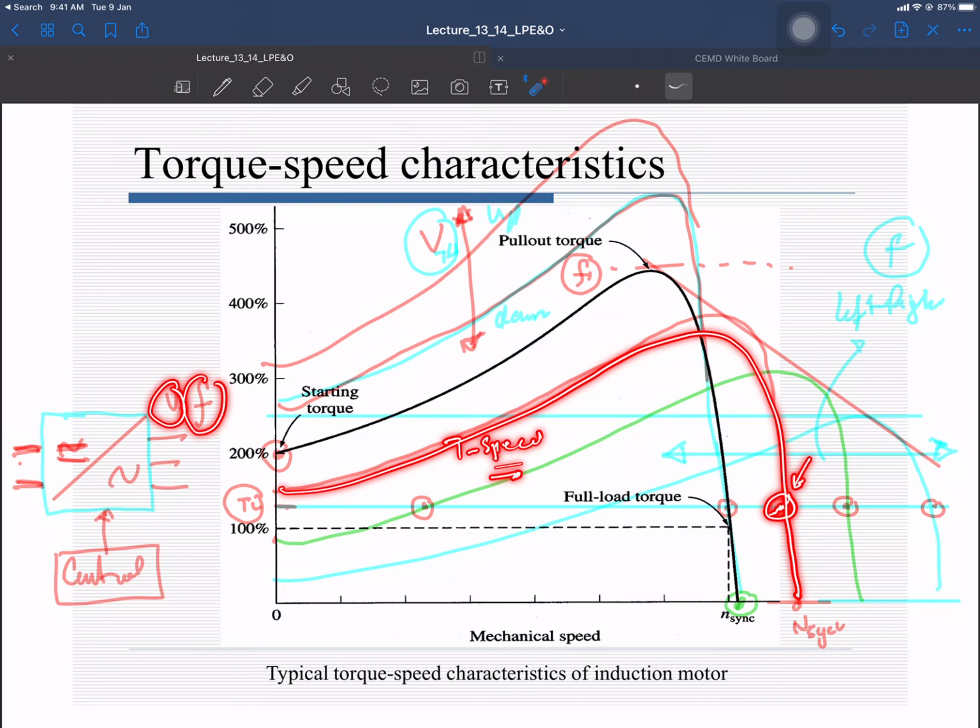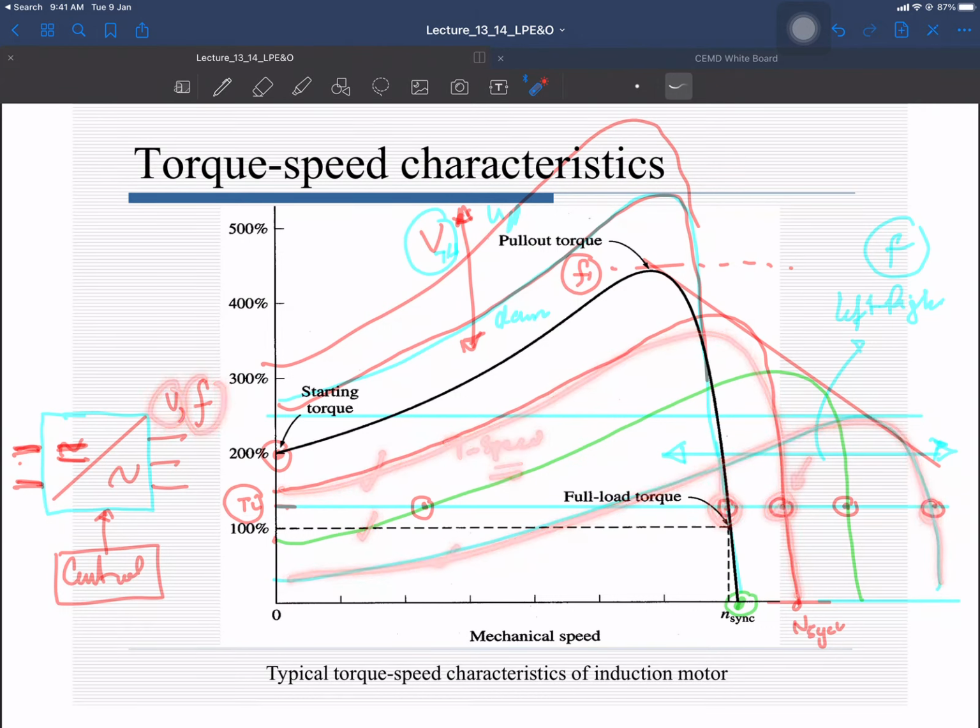If you are operating your machine with this frequency, you cannot start; with this frequency, you can start, and here is the point of equilibrium. But if you want to operate at this speed, then what you will have to do is start at some other torque speed curve, and then, adjusting the voltage and the frequency, you can establish this point of equilibrium, right? And if I talk about this one, definitely if you look at this torque speed curve, you cannot start.